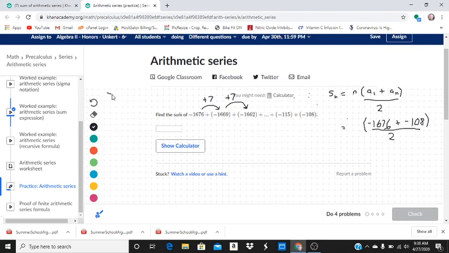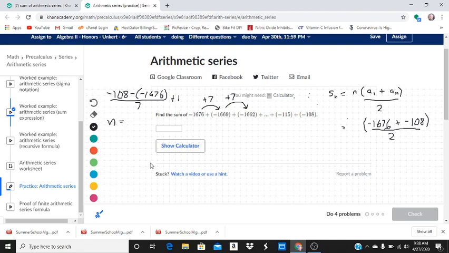We're going to take negative 108, subtract negative 1676, divide all that by 7, and then add 1 to whatever that number is to get the number of terms, n.